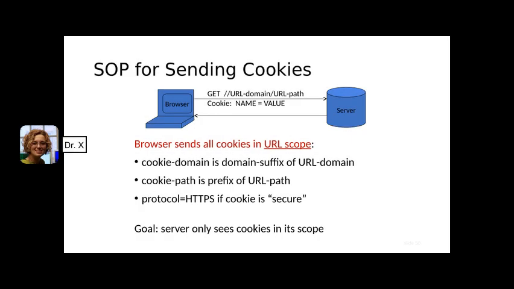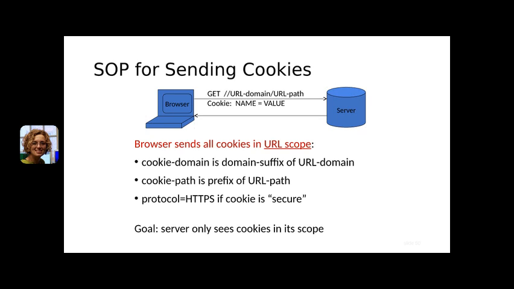Now, what's the SOP for sending the cookies? The browser will send the ones that are within the URL scope, and the protocol will be HTTPS if the cookie is secure. The domain is the domain suffix that was set, and the cookie path is the prefix of that URL path that is used.